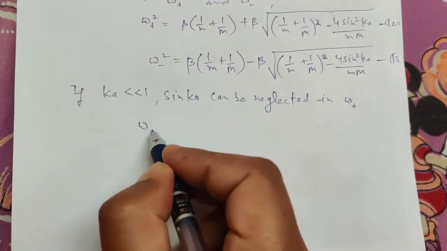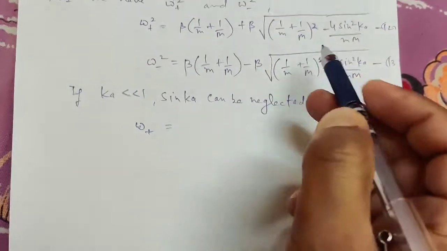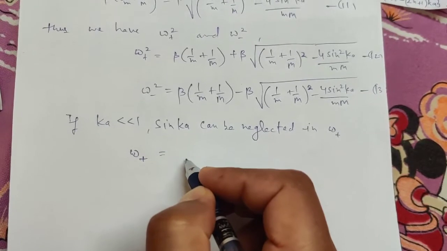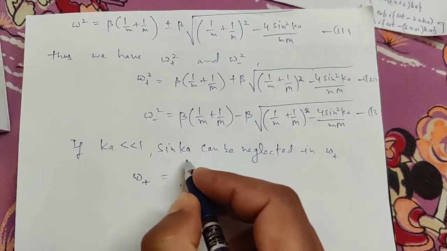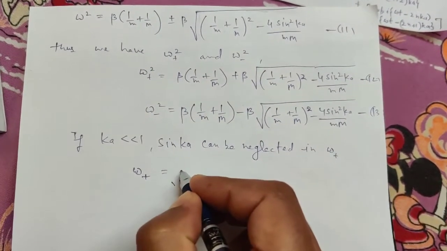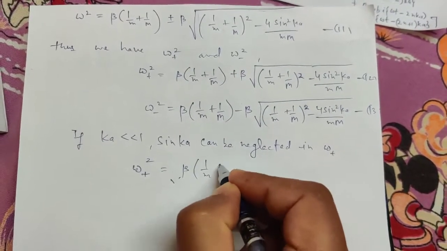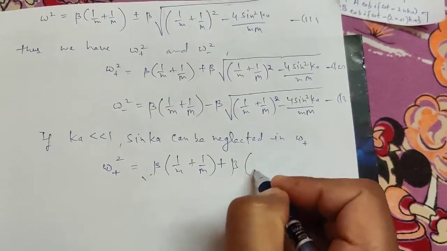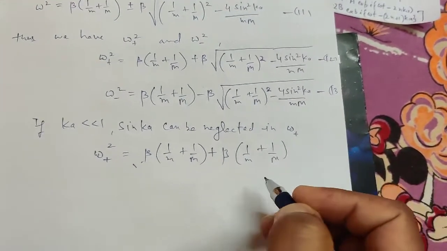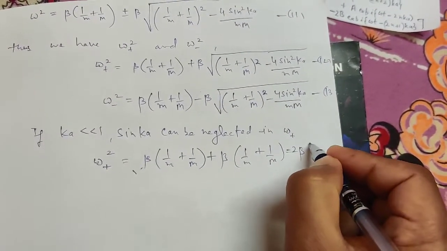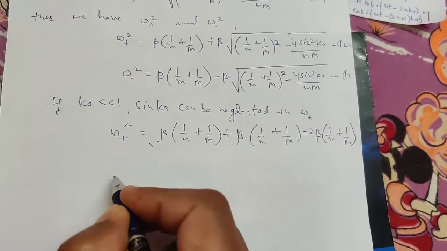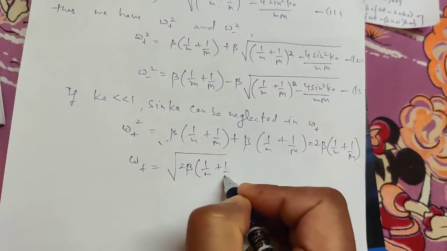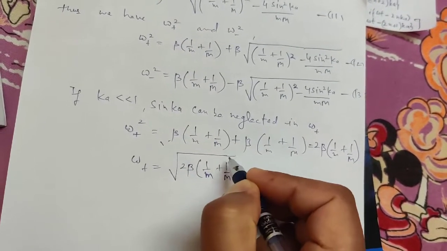So omega plus will be, after neglecting this, under root of beta times m plus capital M, which gives 2 beta times 1 by m plus 1 by capital M. So omega plus will be under root of 2 beta, 1 by m plus 1 by capital M. This is small m, this is capital M. Equation number 14.